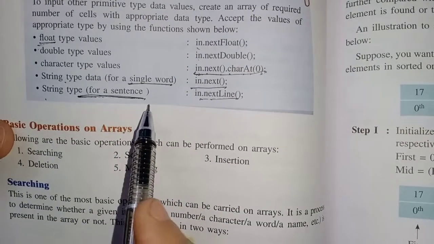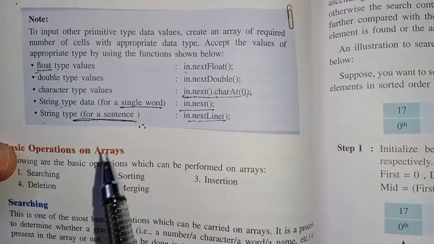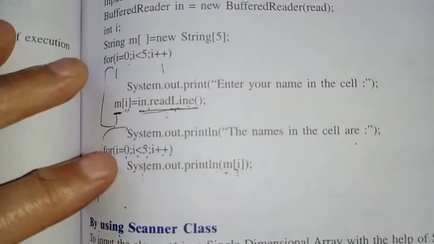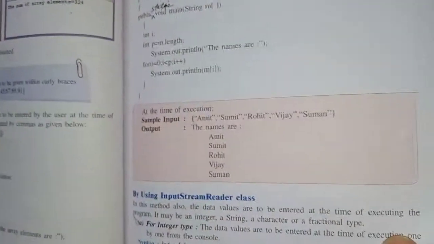So you will make one program of scanner type and one program with the input stream reader in your notebooks. You can see here different types by using input stream reader. Integer, one program of integer type in your copy under the heading input stream reader.